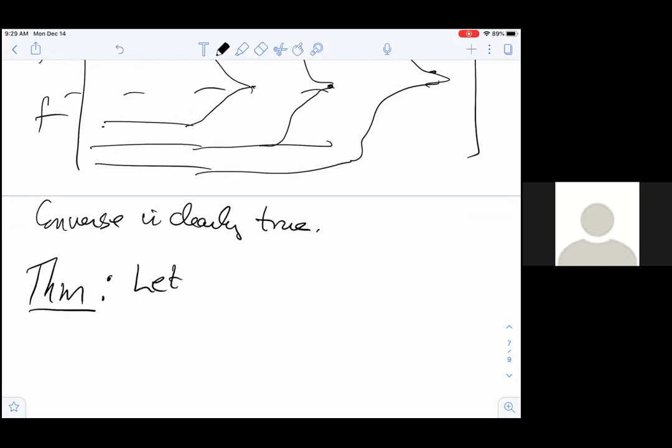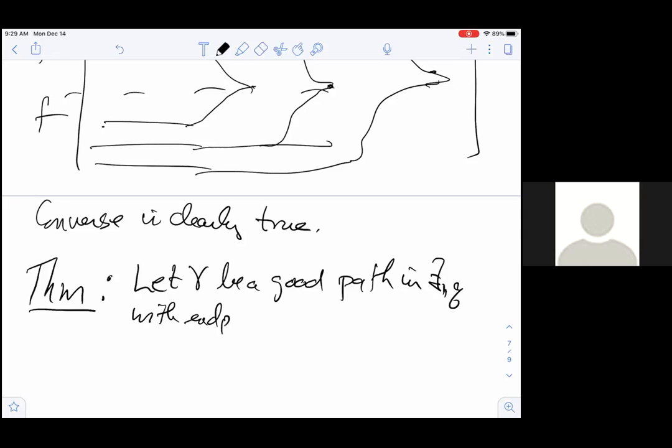Let gamma be a good path in F_1^q with endpoints in F_1^q, F_{i0}^q, excellent Morse functions.